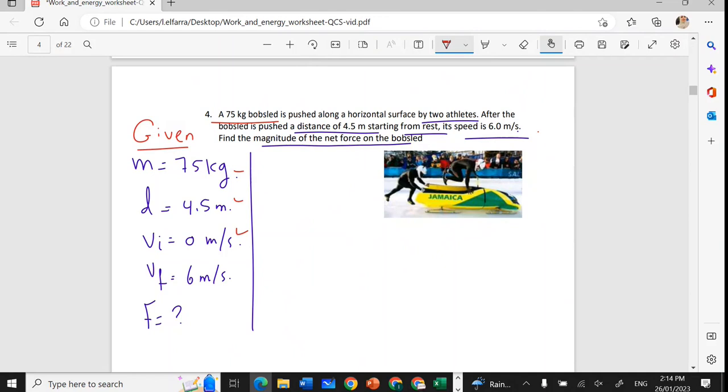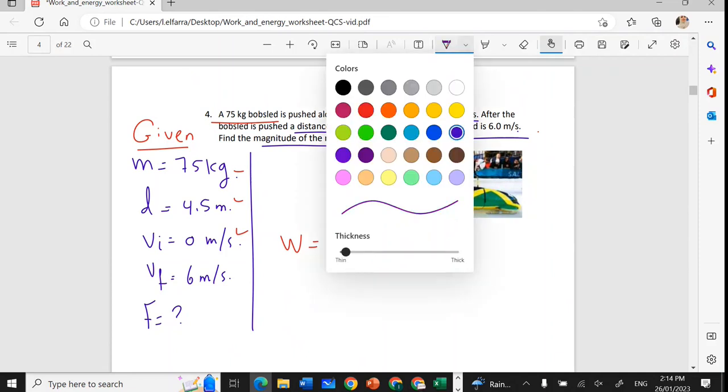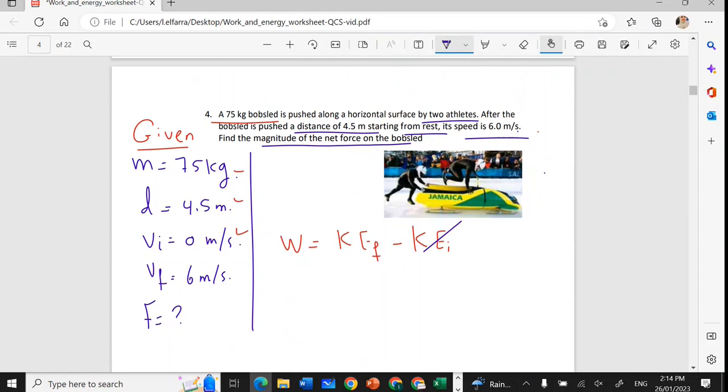So here I have force and change in velocity. So it's going to be work energy theorem. So work will equal kinetic energy final minus kinetic energy initial. And since you start from 0, the kinetic energy initial equals 0.